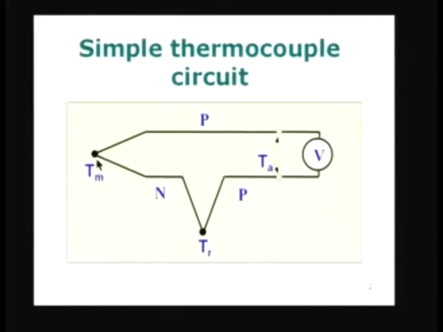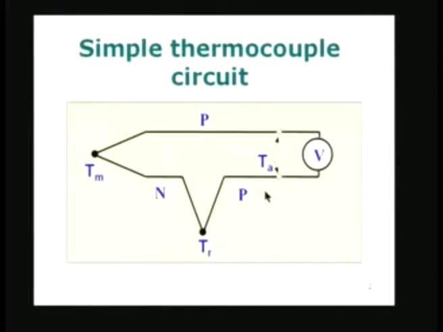In fact, we wanted only the junction at temperature T m and the junction at temperature T r, but because of the connection to the voltage measuring instrument, we have 2 more junctions. In case these 2 junctions are at the same temperature, you see that this is a positive wire, this is also a positive wire, and there is a connection between a positive and a copper. There is a junction between positive and copper, and similarly another between positive and copper, and we will see a little later that these 2 junctions are not going to affect the measurement. How and why we will come to a little later on.